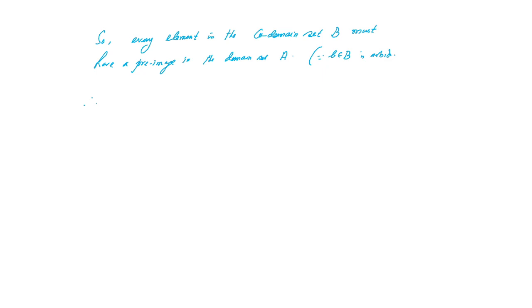So since b is arbitrary, every element in the codomain set B must have a preimage in the domain set A. So therefore, since b belonging to capital B is arbitrary, f from A to B is surjective.